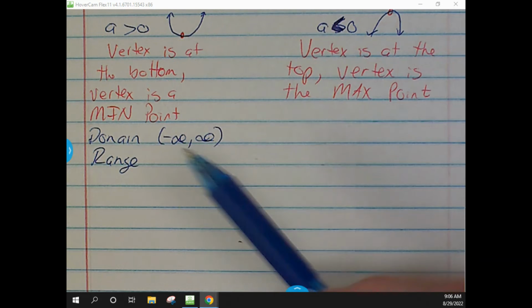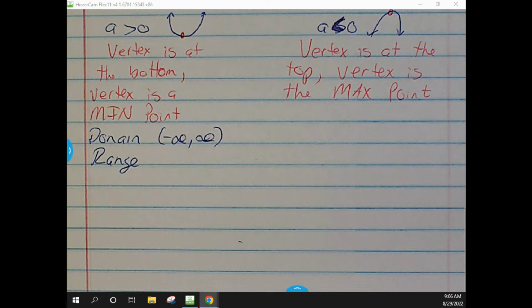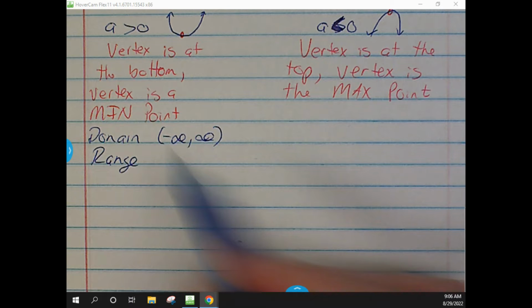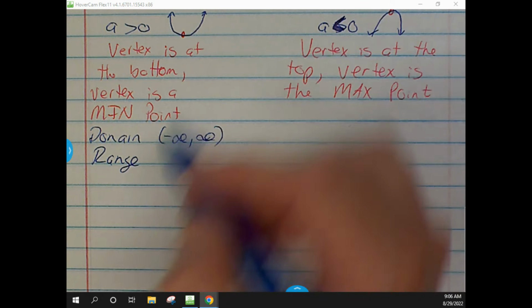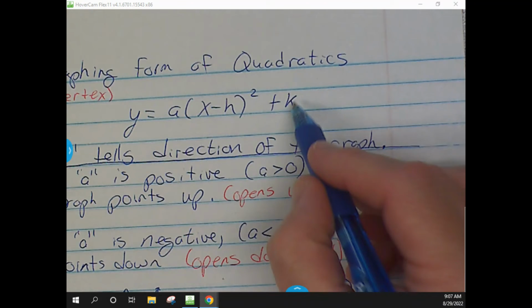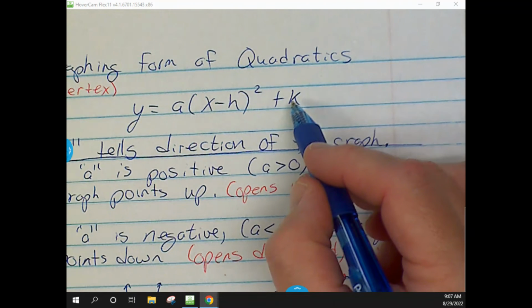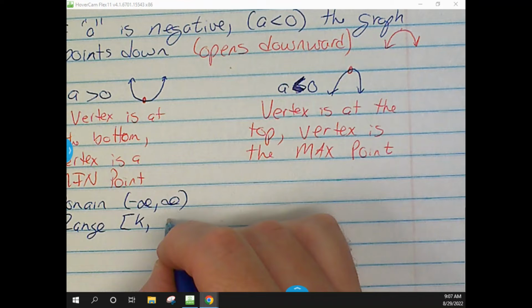So basically the range is going to be whatever this y value is that's here, and it's going up. We're going to start at that y value, which if you remember, we talked about as the k value back here, the movements we're going to do for this thing. Basically that's the k value, and it's going up to infinity.